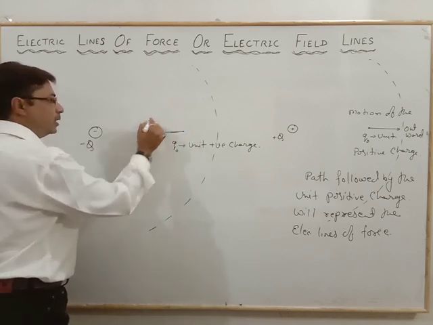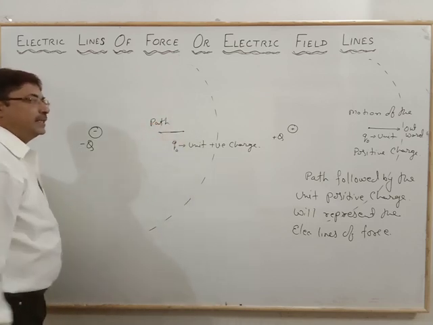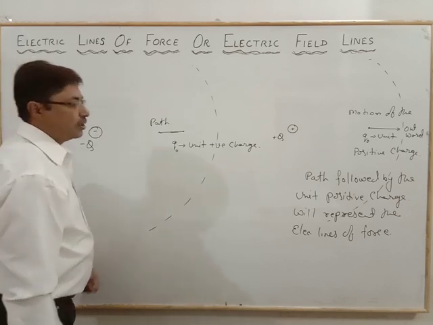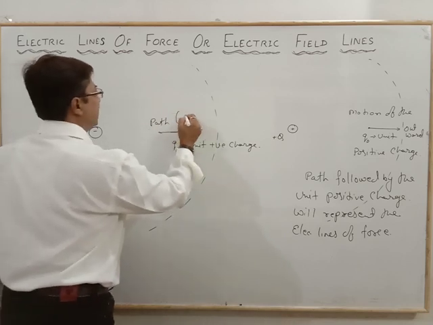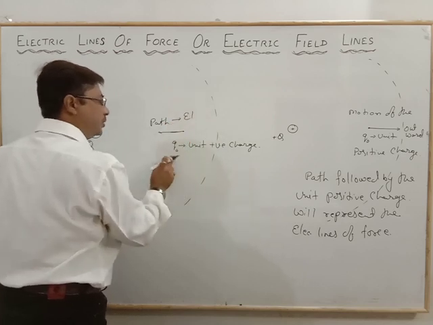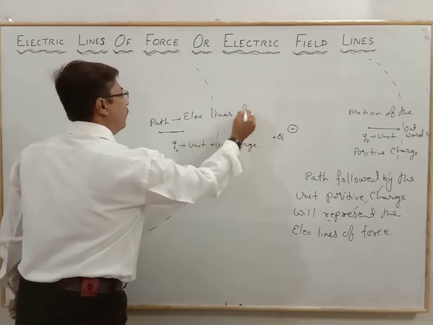It will follow a path, and that path will again represent the electric field lines or the electric lines of force. So the path followed by the unit positive charge is the electric lines of force.